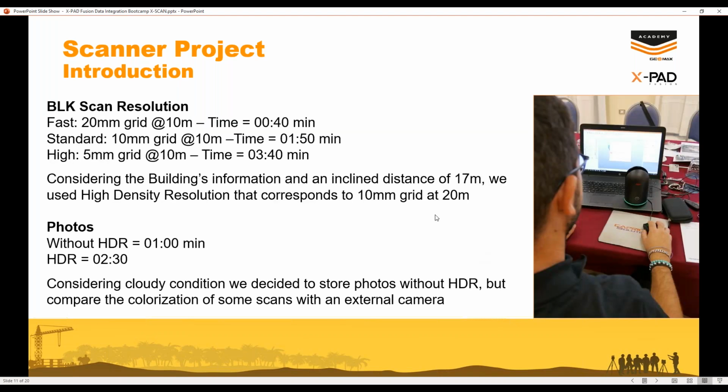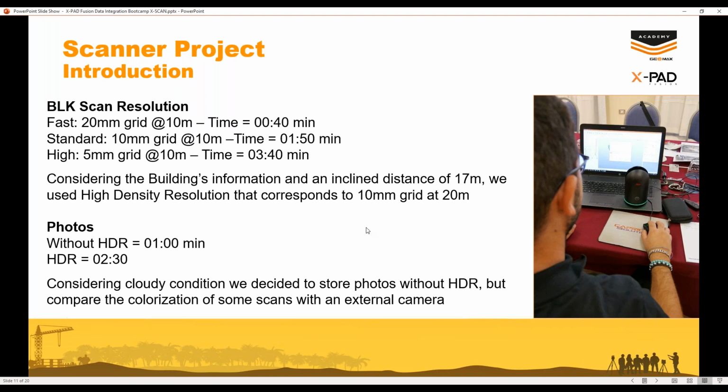Regarding the BLK scanner resolution, we have 3 different settings that we can also set from the BLK Data Manager app, the free app for Windows: fast scan, standard scan, and high scan. Here is the grid resolution at 10 meters, and also the timing to perform the scan.